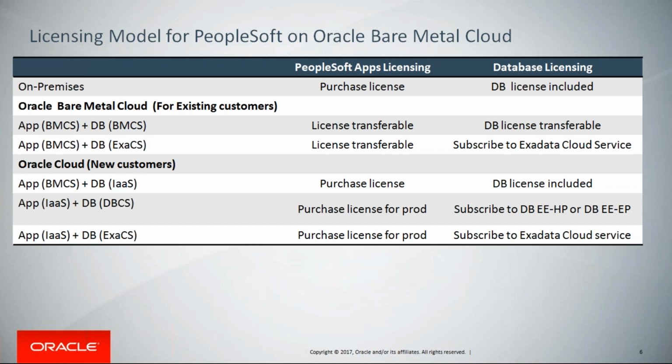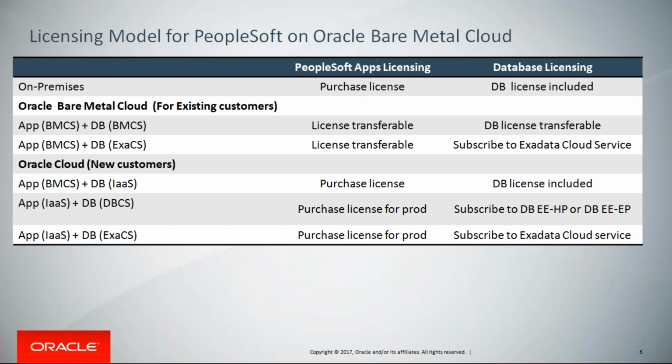Now, on bare metal cloud service, for existing customers who want to migrate from on-prem to cloud, your licenses are transferable, which means your application licenses for PeopleSoft can be transferred from on-prem to cloud, and your database licenses can also be transferable.